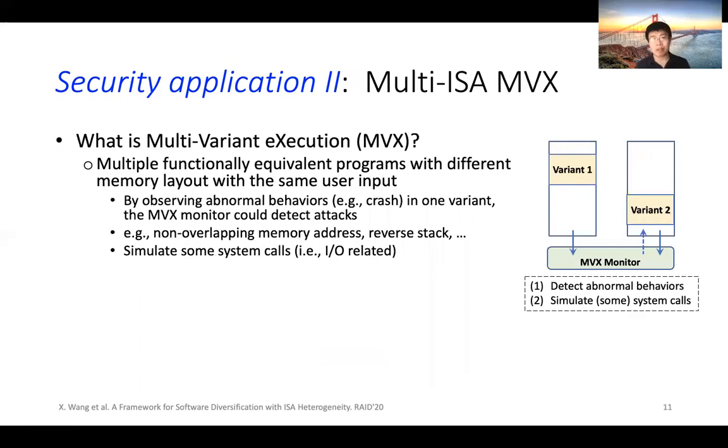So the second application is called multi-ISA MVX. The basic idea of MVX is to run multiple functionally equivalent programs, but with different memory layouts, and we feed them with the same user input. By observing an abnormal behavior like a crash, the MVX monitor could deduce there is a potential attack.